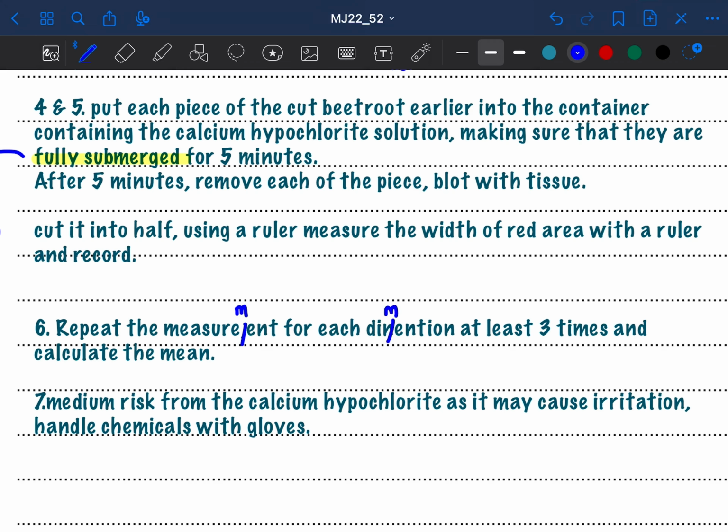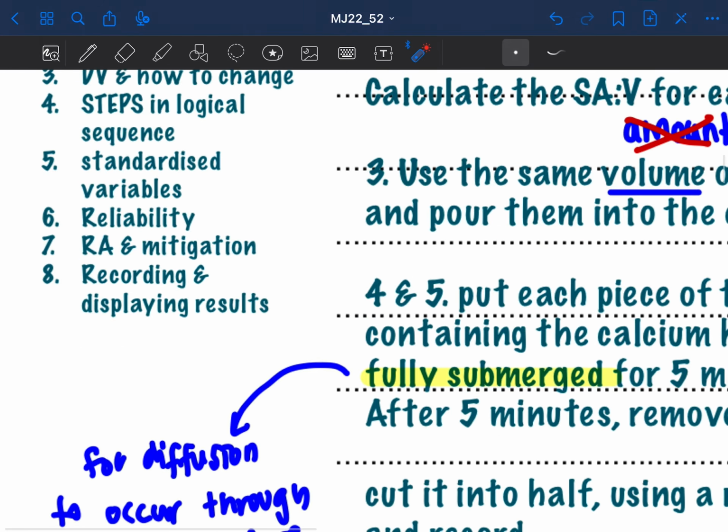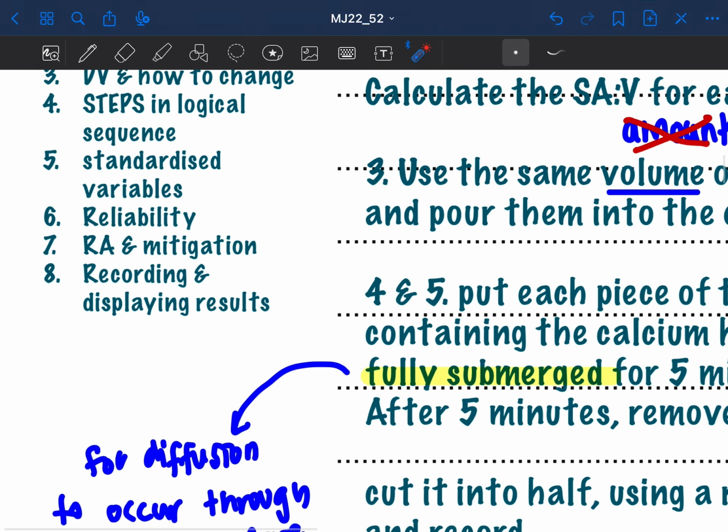So for each dimension at least 3 times. Remember this magic number or formula, and we calculate the mean. Now you have to mention calculating the mean. If you just mention repeat without mentioning having to calculate the mean, you will actually not earn that point. So please remember.